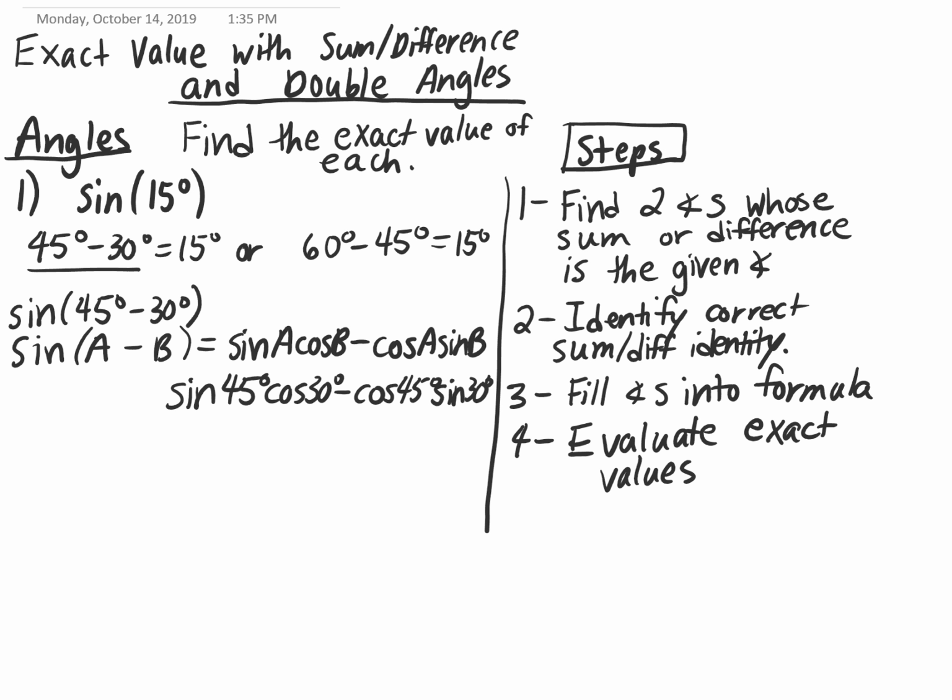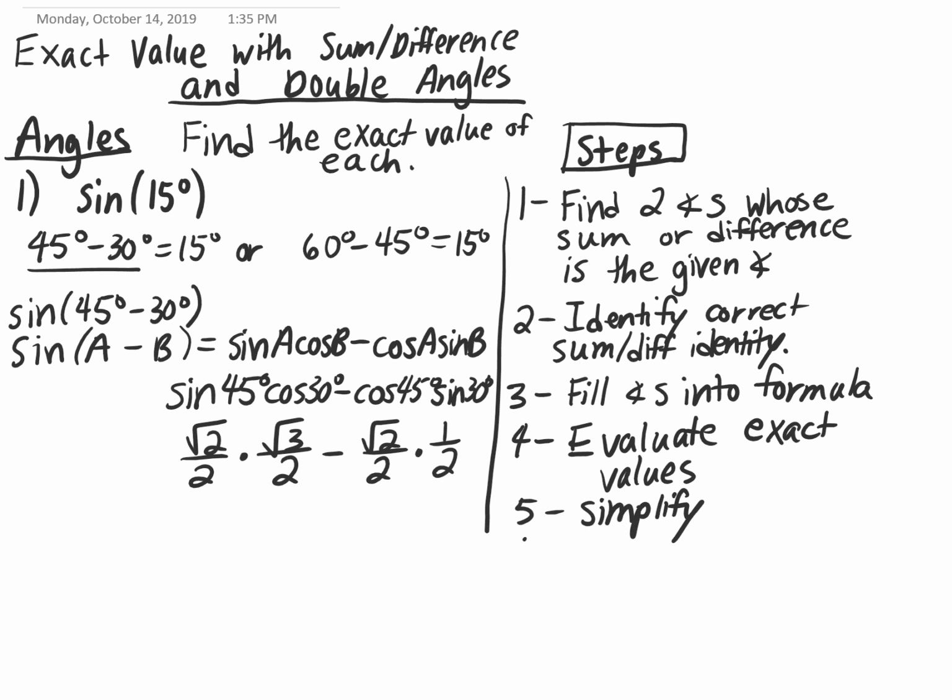So sine 45 is root 2 over 2. These are all first quadrant angles, so everything is positive. Cosine of 30 is root 3 over 2. Cosine 45 is root 2 over 2. And sine of 30 is 1/2. So we'll evaluate, simplify.